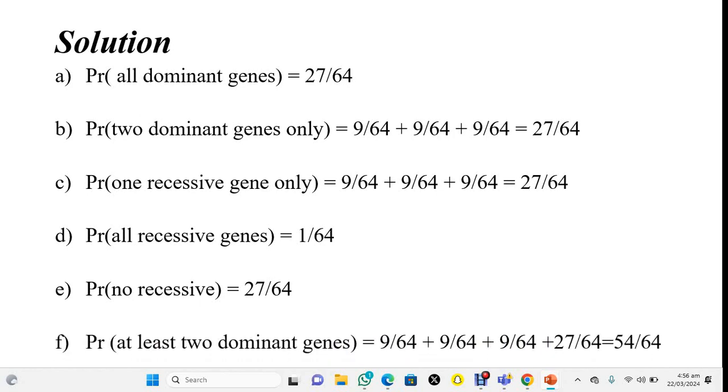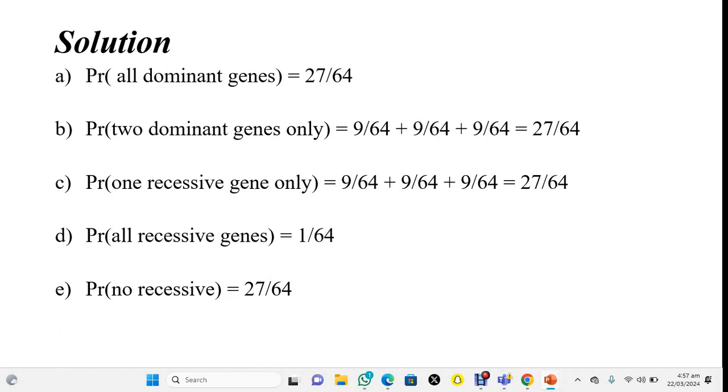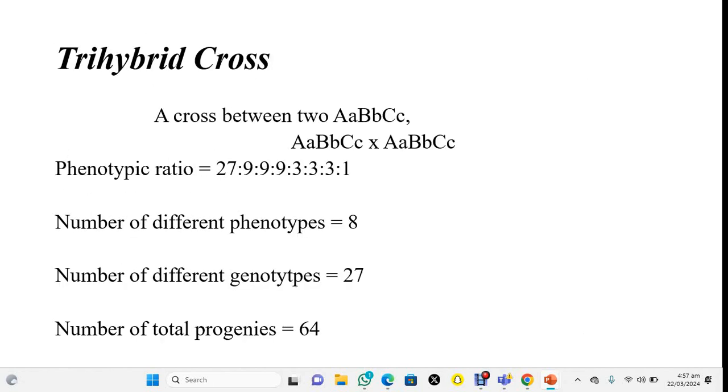Then we calculate the last one, the probability that at least the progeny is going to have two dominant genes. So you go back to the ratio. Let's go back to the ratio and do some illustration. So at least two dominant genes means two dominant genes and above. So you're going to have two dominant genes and you're going to have three dominant genes.